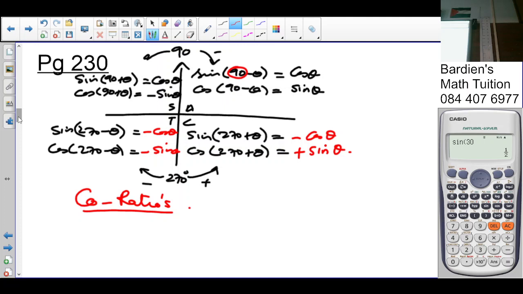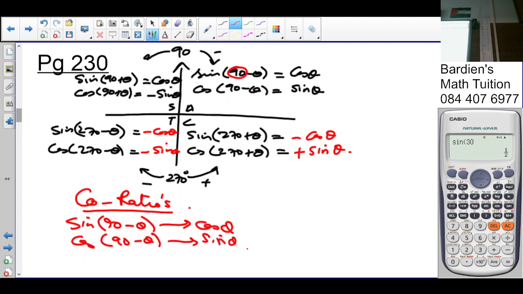So the co-ratios: sine of 90 minus theta becomes cos theta, and cos of 90 minus theta becomes sine theta. Of course, if we go into 90 plus, the sign is going to change itself. Right, you guys understand? Let's look at the example dealing with this.